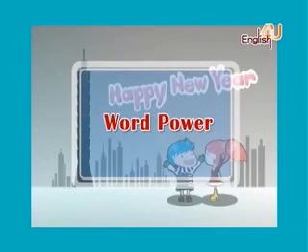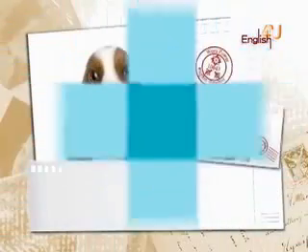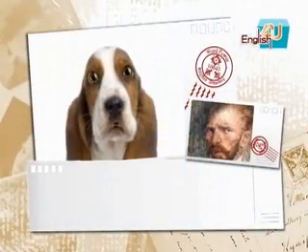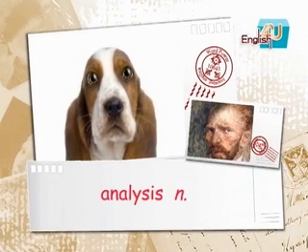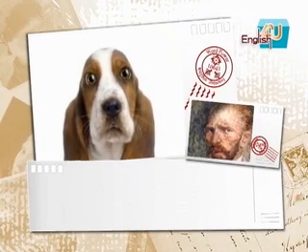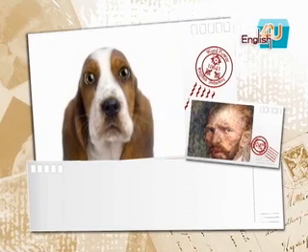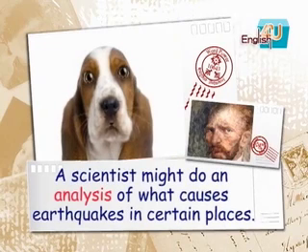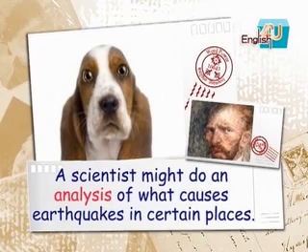Word Power. Hi, and welcome to Word Power. Today's word is analysis. Today, we read that Van Gogh used his self-portraits for self-analysis. Analysis is a noun that means a study of something which was done to learn more about it. For example, a scientist might do an analysis of what causes earthquakes in certain places.